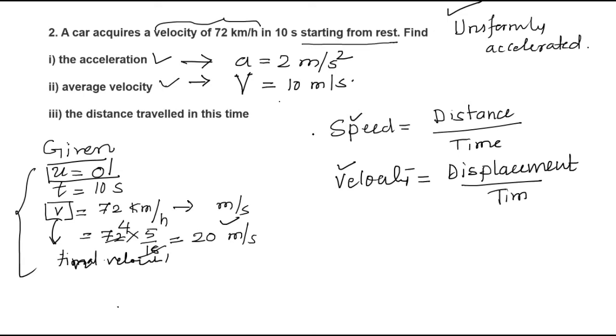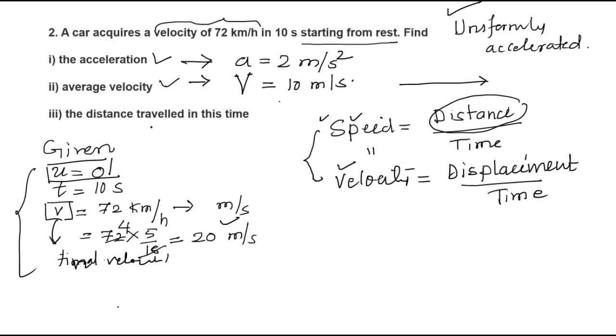In our situation, the speed and velocity are the same, because we are dealing with a body moving in a straight line, linear motion. If there is no change in direction, speed is the same as velocity, and distance is the same as displacement, which we studied in the beginning of this chapter.